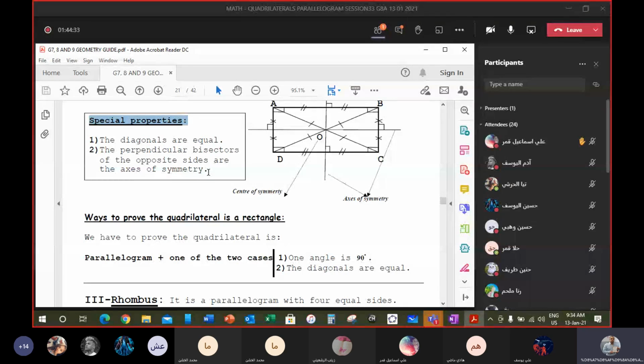Plus one right angle, it becomes a rectangle. Or prove it is a parallelogram and that the diagonals are equal, it becomes a rectangle.